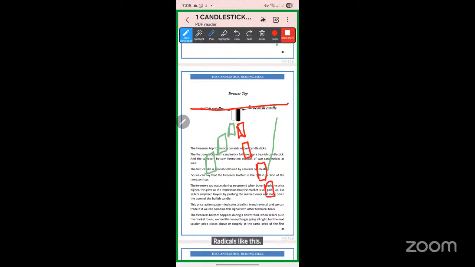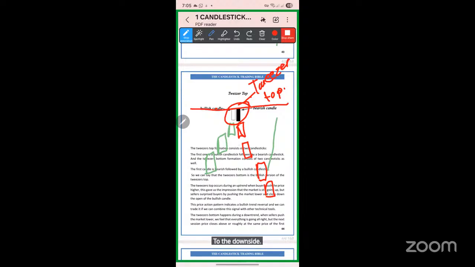What you see here, that pattern formed there, is what we call the tweezer top. A tweezer top is a market reversal. It signals reversal to the downside.